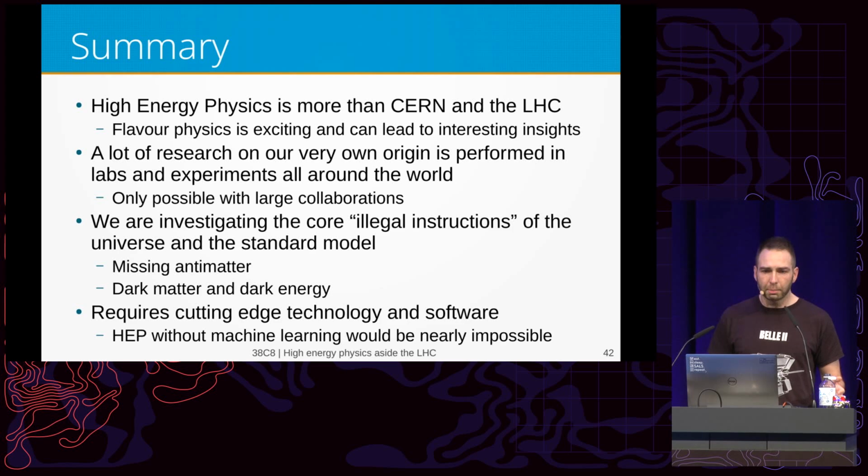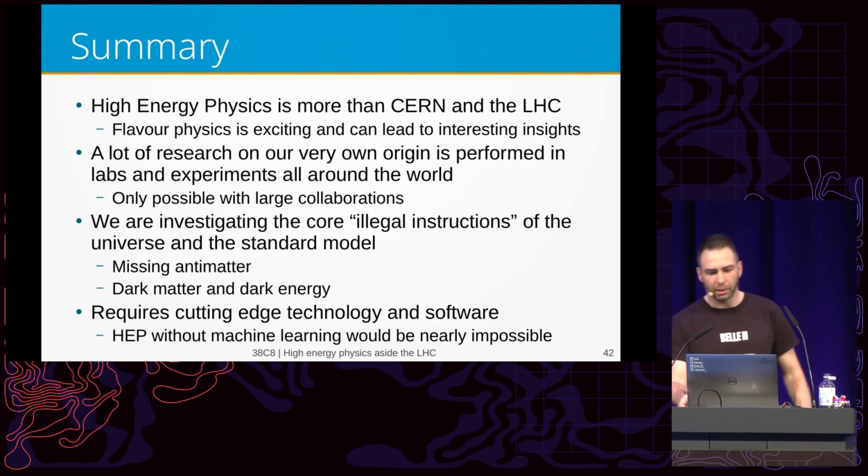But of course, this is only possible with large collaborations in the order of tens, hundreds or thousands of people. And we are trying to investigate these fundamental structures of the universe and the standard model, improve our standard model, try to find missing antimatter, dark matter, and dark energy. And of course, this also requires cutting-edge technology, and high-energy physics without machine learning would be nearly impossible. And thank you.